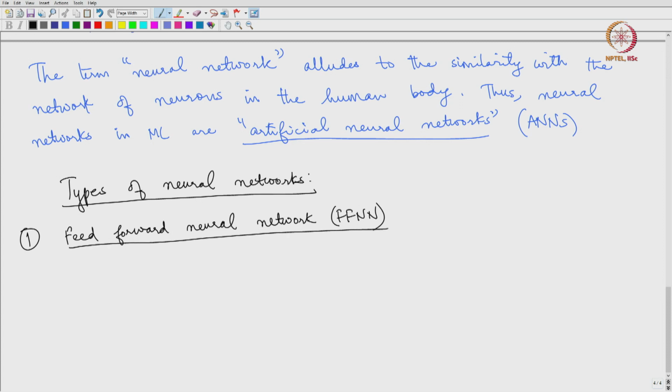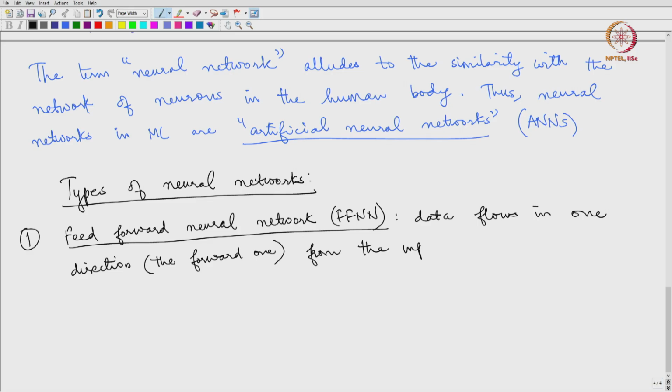Abbreviated as FFNN, and here data flows in one direction, the forward direction, from the input to the hidden to the output layer.